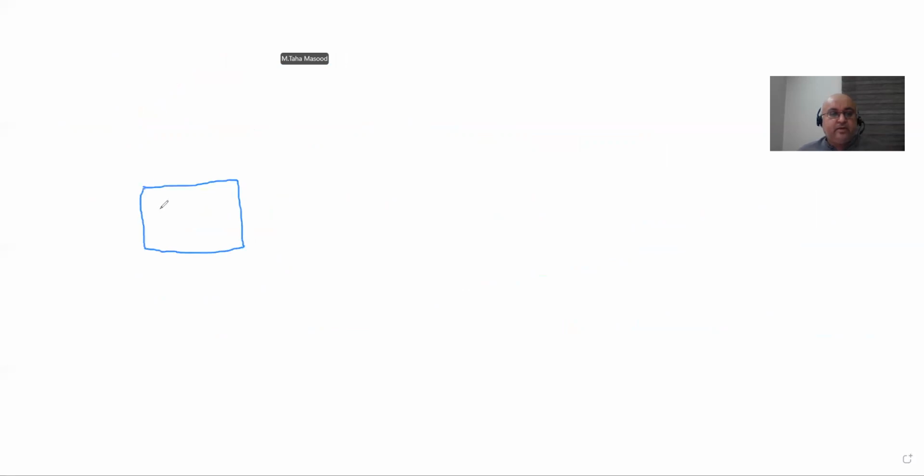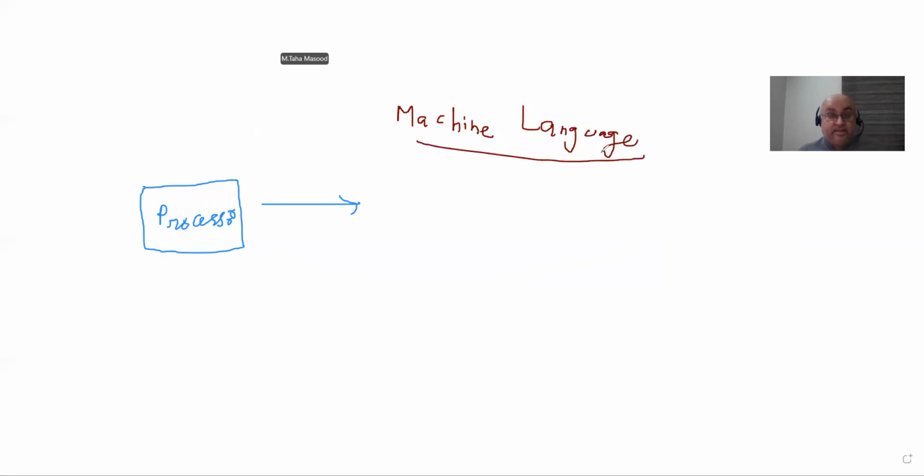Let's say there is some language that it understands, and for any processor, that language happens to be the machine language. Machine language is a language that the specific processor understands natively, right?